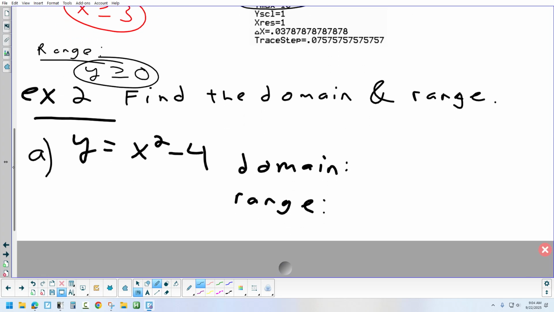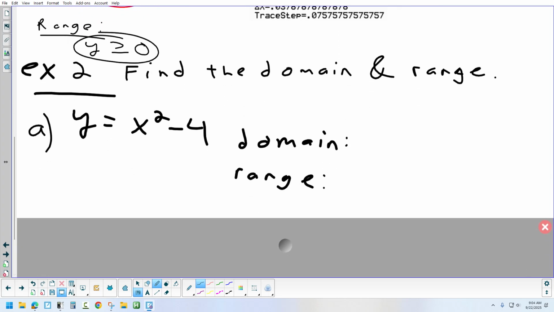All right, so find the domain and the range. So remember, domain are all the numbers you are allowed to fill into x and not do something you shouldn't do in math. Okay, let's look at this one. Y equals x squared minus 4. Two things we got to be careful about: square roots, divide by 0.